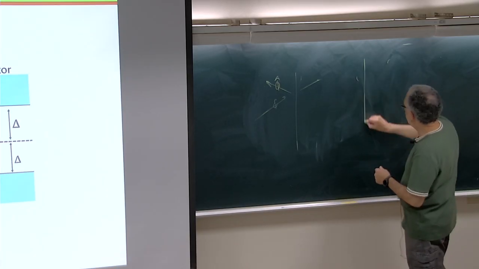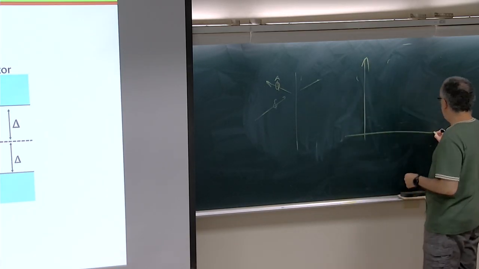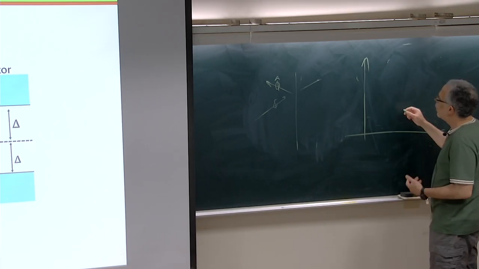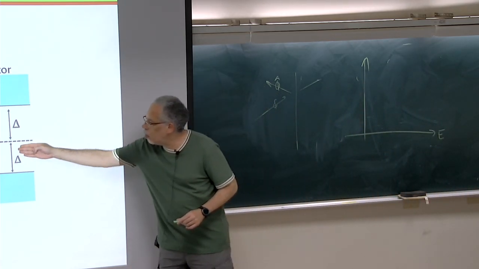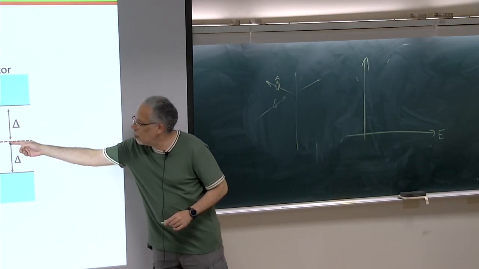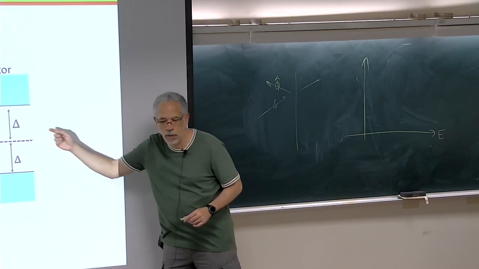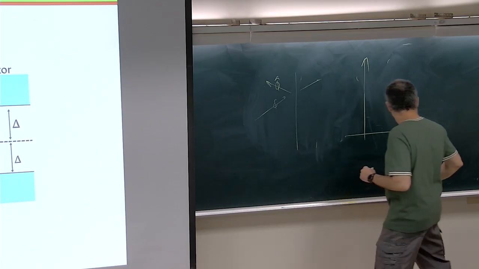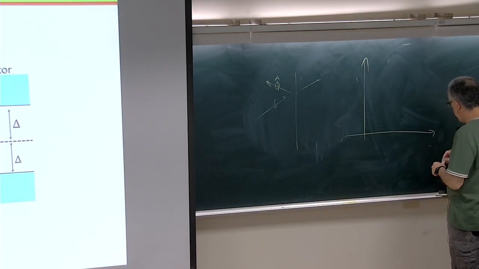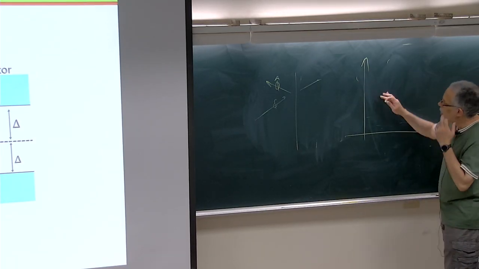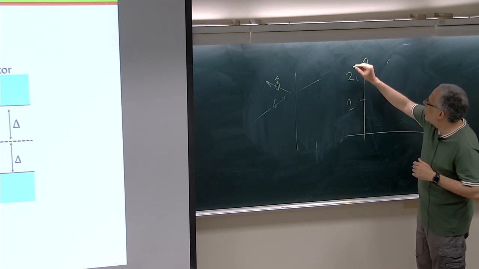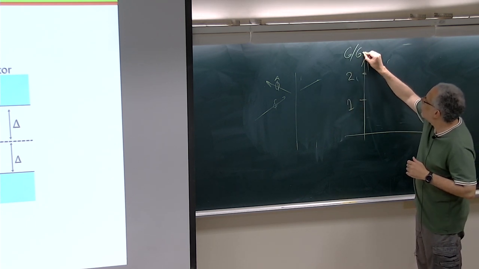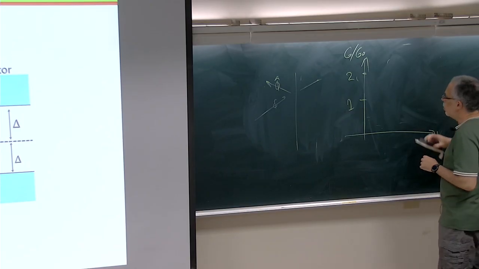So let's say this is conductance, this is energy or voltage. The energy is essentially the same, I can put this up to the voltage or down. Let me call it the voltage here. And then you have, let's say, 2 here, 1 here, and here is the conductance, in units of this quantum of conductance.